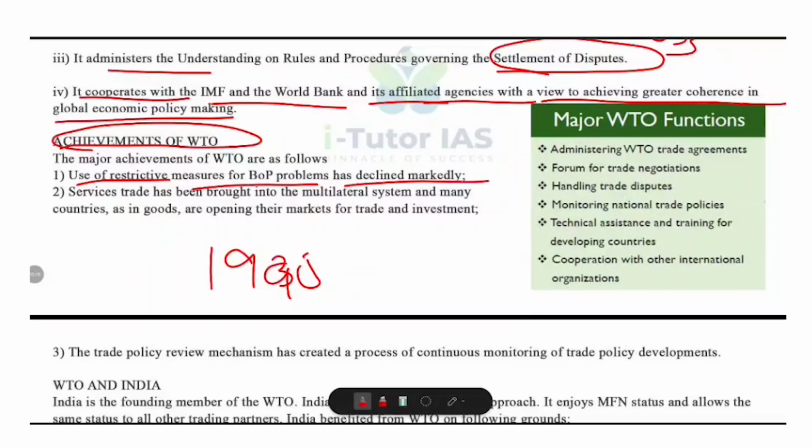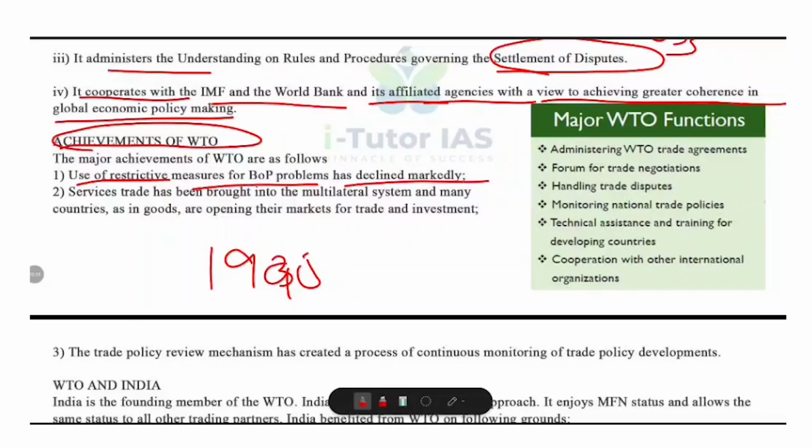That means earlier many countries used import restrictions and trade barriers to protect their BOP position. After the WTO agreements, such restrictive measures have significantly reduced. Countries now handle BOP issues through structural reform and international cooperation and not protectionism. For example, developing countries like India have gradually reduced quantitative import restrictions since joining the WTO.